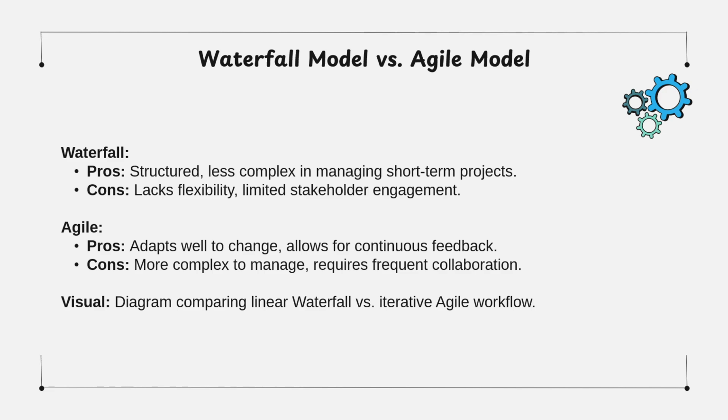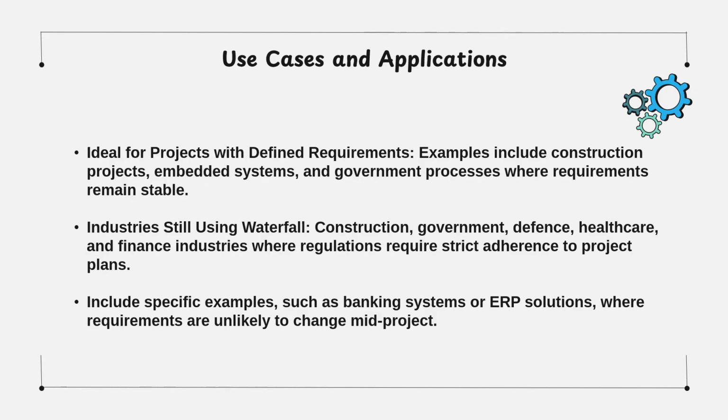In the agile model, pros: adapts well to change, allows for continuous feedback. Cons: more complex to manage, requires frequent collaboration. A visual diagram compares the linear waterfall versus the iterative agile workflow.